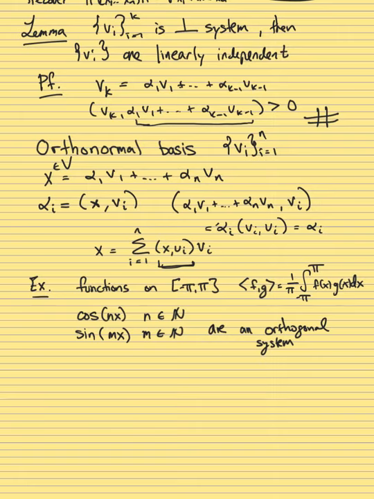So in general, then you can write, oh, and I guess I should have a constant in here as well. That's also important. And then I can write a general function as a constant plus the sum from n equals 1 to infinity of an cosine of nx plus the sum from m equals 1 to infinity of bm sine of mx.